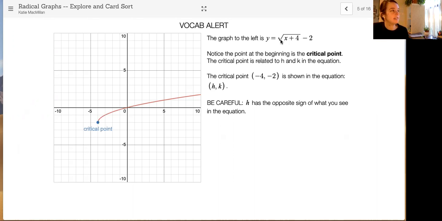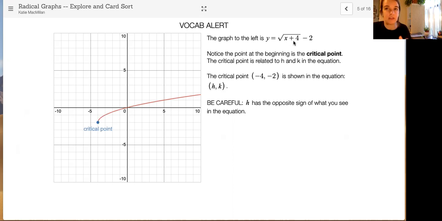The graph to the left is y equals the square root of x plus 4 minus 2. And the point at the beginning is called the critical point. The critical point is at h comma k, right? H comma k. So we see here it's at -4 comma -2. Something to note, your h value is the opposite of what you see in the equation.